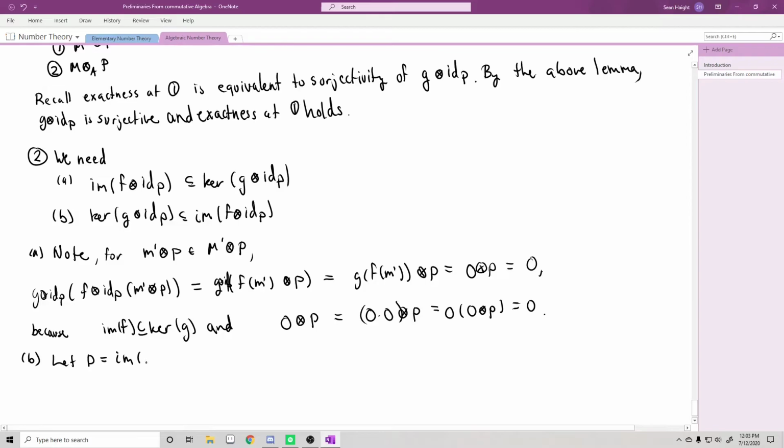Okay. So I'm going to let D be the image of F tensor IDP. My goal, remember, is to show that this D is actually equal to the kernel. Since D is contained in this kernel, I can take the quotient. We have a surjection.